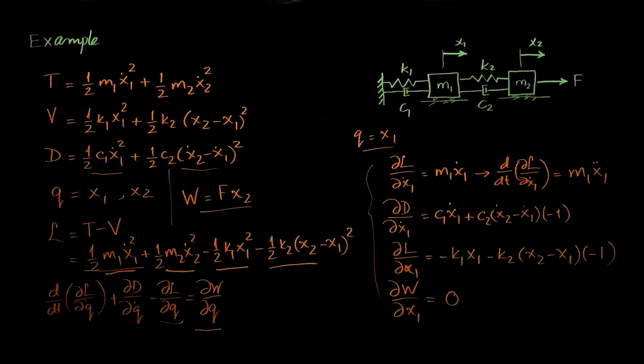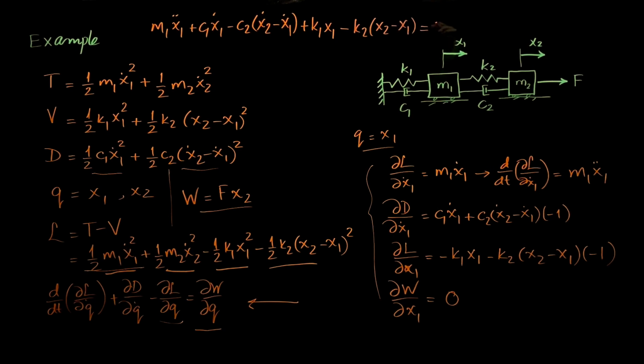Now substituting these terms into Lagrange's equation, we will end up with the first differential equation of motion, which says that m1 x1 double dot plus c1 x1 dot, this becomes minus, so minus c2 (x2 dot minus x1 dot), minus, so this is plus k1 x1, minus, so it's minus k2 (x2 minus x1) equals the work, 0.